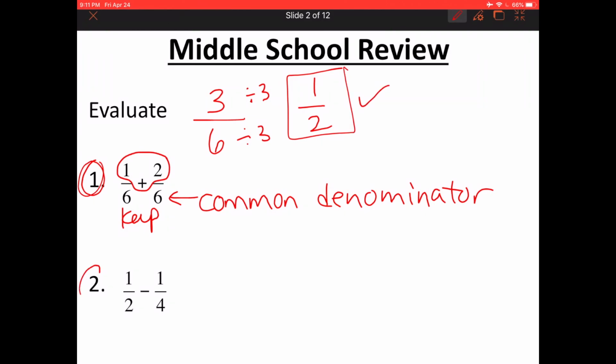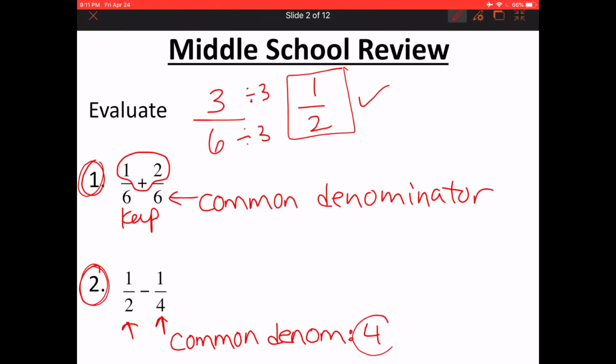Okay? For example 2, this is a little bit tricky because they do not have a common denominator. Okay? However, what can both of those denominators turn into? Both of those denominators can multiply to 4. Okay?